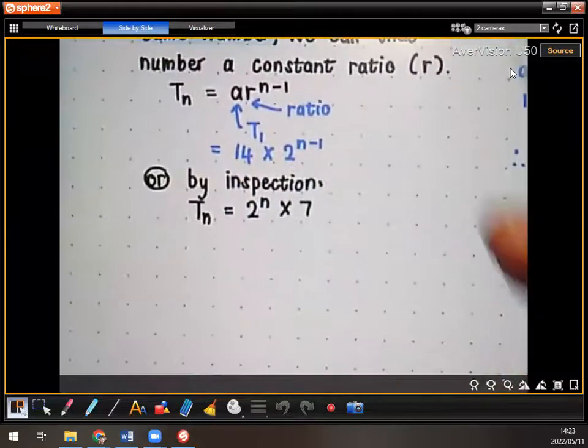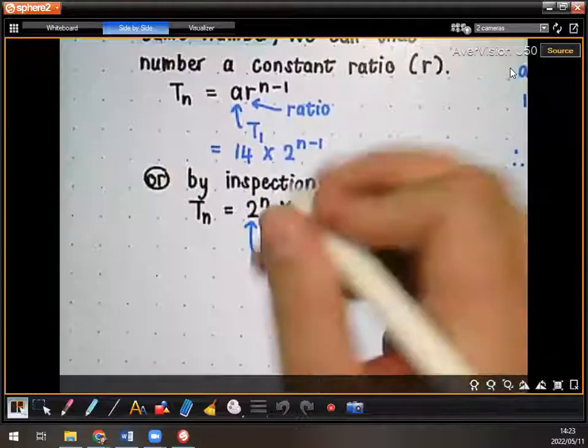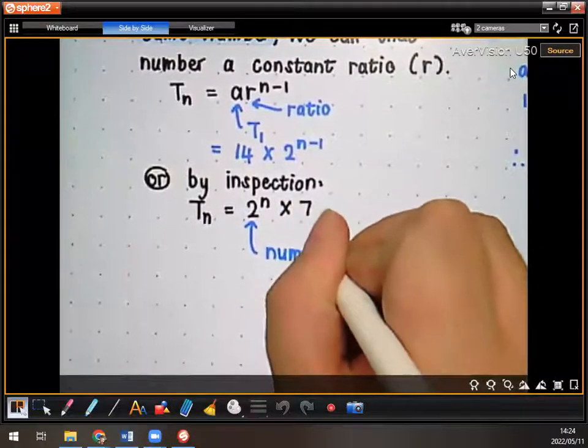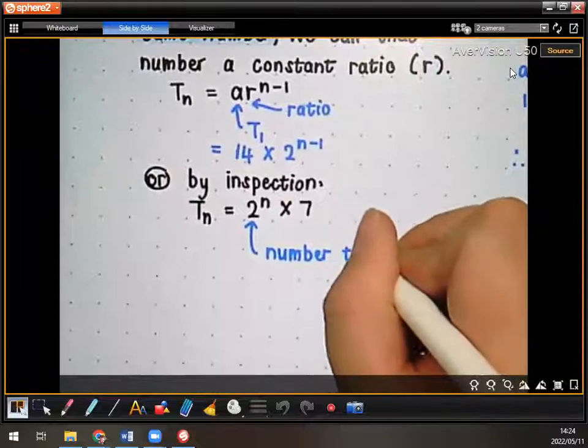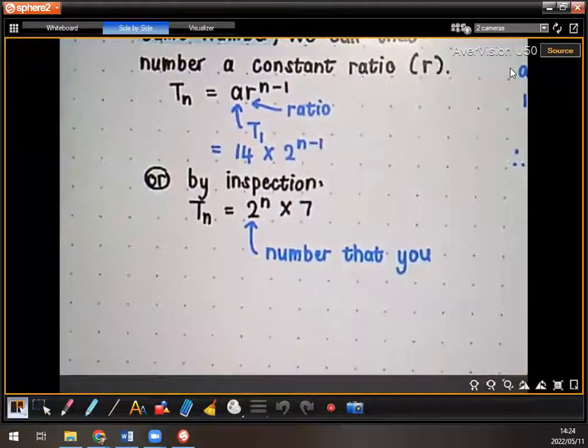So maybe we should write a little note here at the bottom. So this 2 is the number that you are multiplying by. So maybe that's easier than actually remembering the formula, because then you just need to remember whatever you're multiplying by, you're going to take to the power of n.